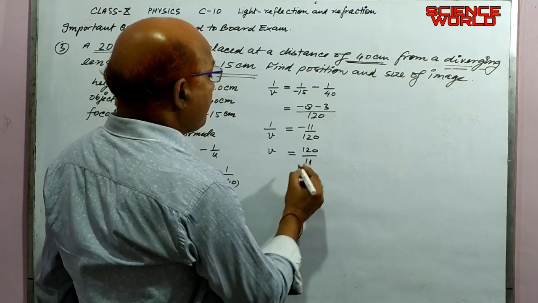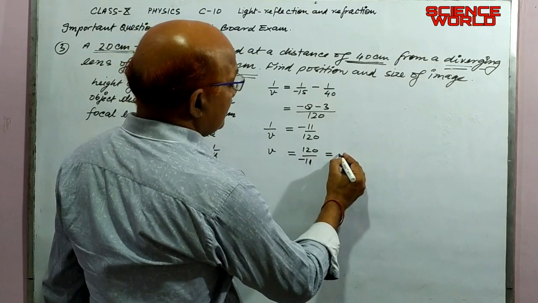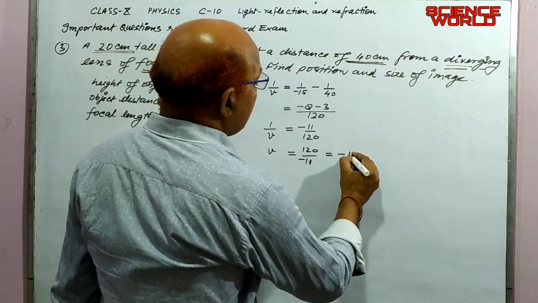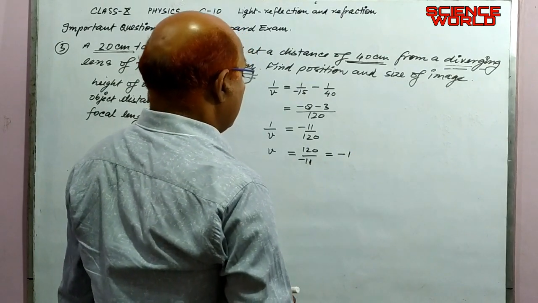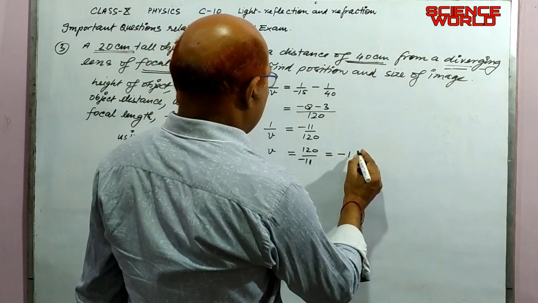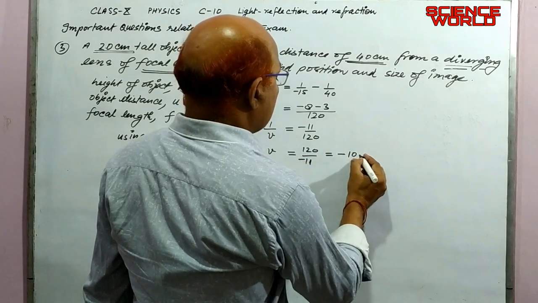Okay, minus 11. So, this is minus 120 divided by 11. 11 ones are 11, 1 is left, 10, 0 point.